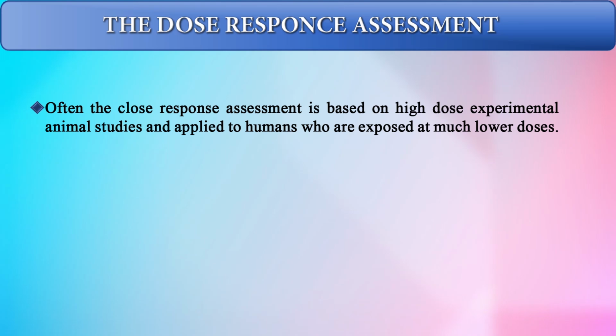The second step in the assessment of risk to humans from a potentially toxic agent is one in which the relationship between the dose level to which animals or humans are exposed and the health effect response at each dose level is characterized quantitatively. Often the dose response assessment is based on high dose experimental animal studies and applied to humans who are exposed at much lower doses.